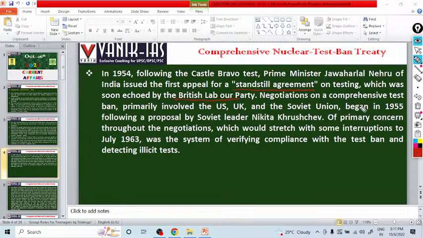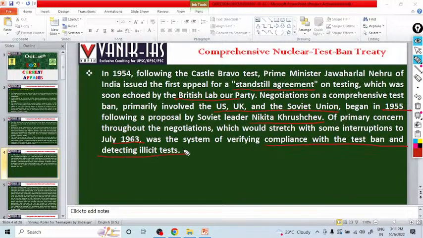Negotiations on a comprehensive test ban primarily involving USA, UK, Soviet Union began in 1955. Following a proposal by the Soviet leader Nikita Khrushchev, of primary concern throughout the negotiations, which could stretch with some interruption to July 1963, was the system of verifying compliance with the test ban and detecting illicit tests.